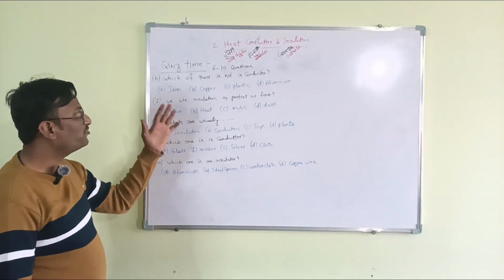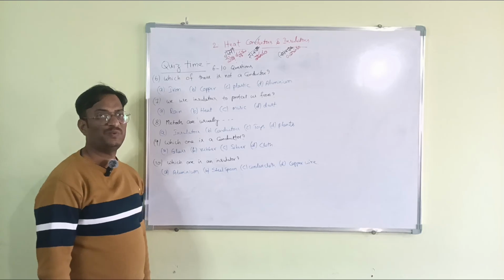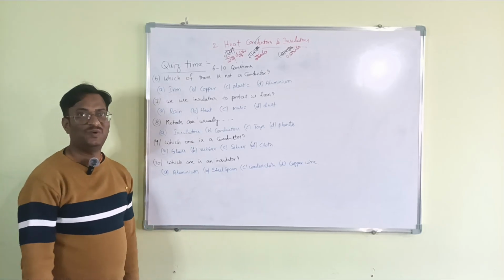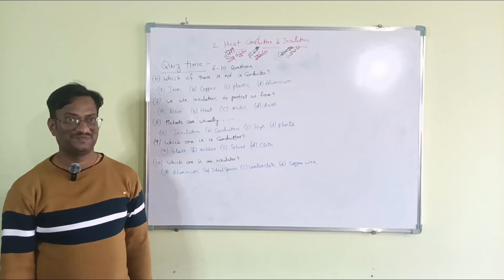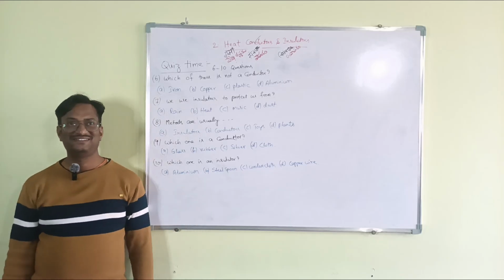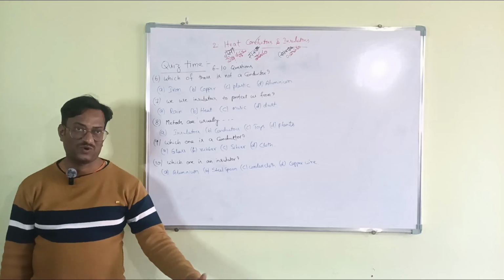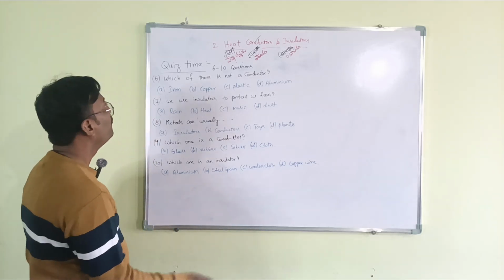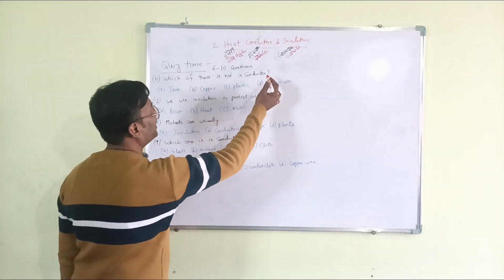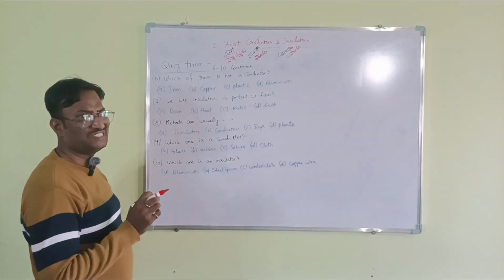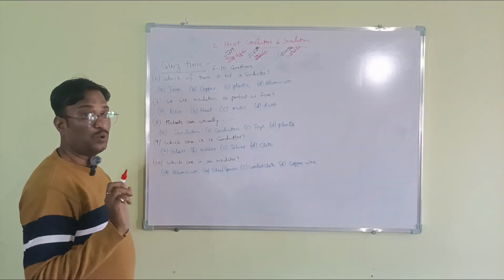So the next questions in front of you, 6 to 10. Pause, pause and try. Right, ready? 1, 2, 3, 4, 5. Come on, see now. While doing this type of quiz or problems, don't run away.